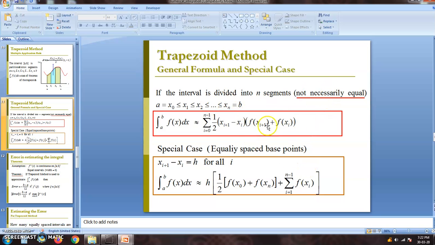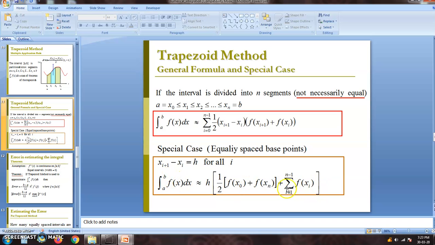Now if the interval is even, that is, equal intervals, we can assume the next data point minus the previous data point as the interval h, and then we can derive this formula as h, the distance between 2 consecutive data points, into half of the starting point function value plus the ending point function value, plus the sum of all the function values in between for the sections.